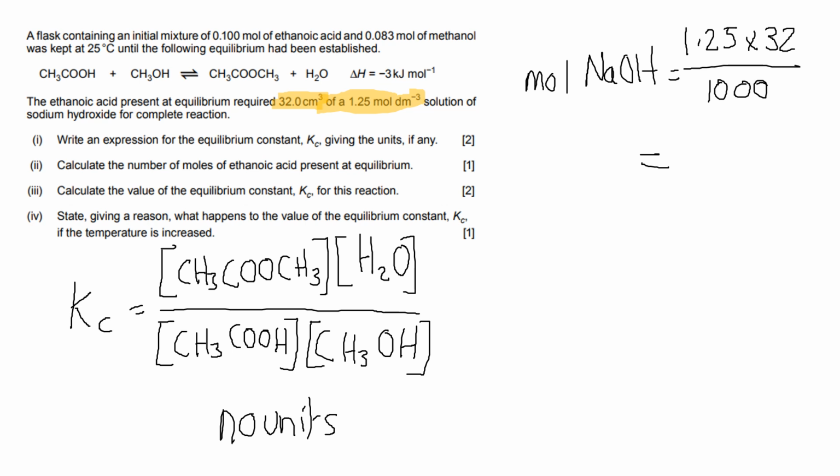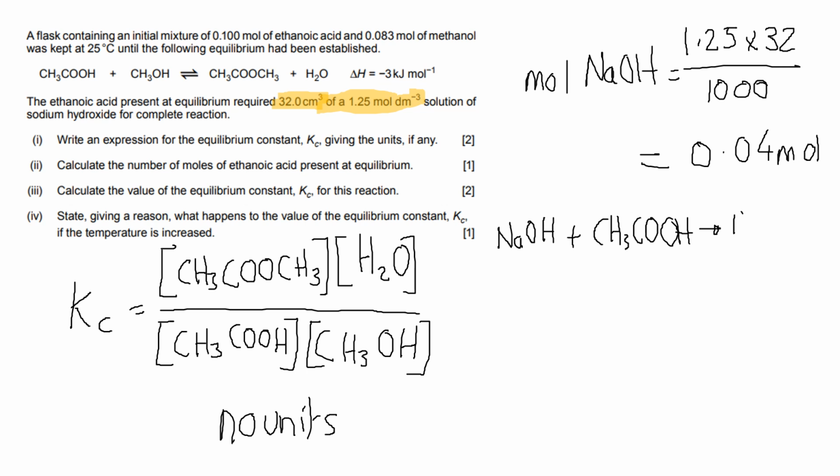So that comes out as 0.04 moles of sodium hydroxide. And sodium hydroxide, NaOH, reacts with the ethanoic acid, CH3COOH, to form water and sodium ethanoate.